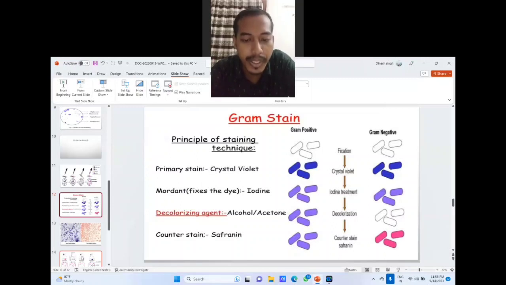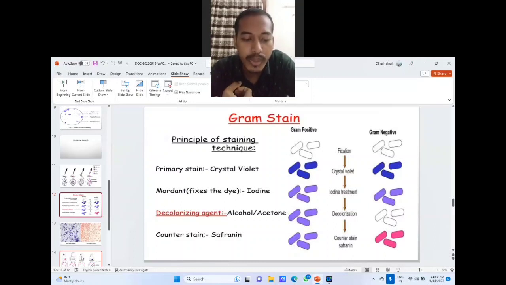After preparation of the smear, we use the primary stain, that is crystal violet, for 1 minute. After using the crystal violet for 1 minute, we wash off with running tap water. In the next step, we use the mordant. The function of the mordant is to fix the color by forming the iodine crystal violet complex.